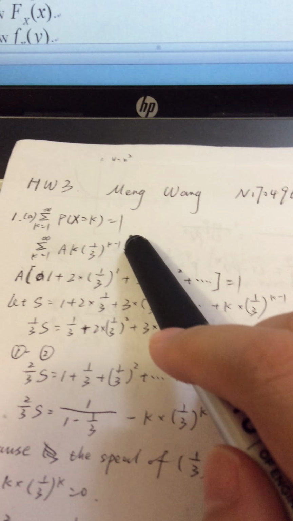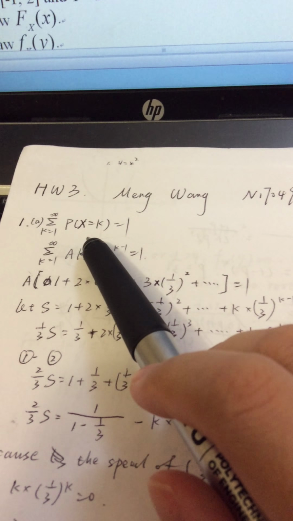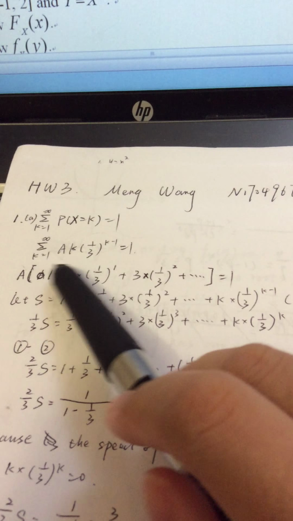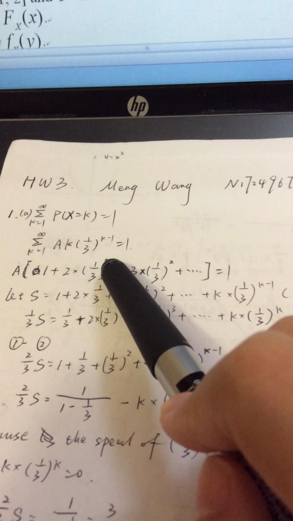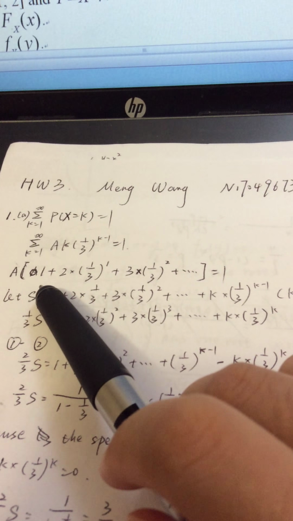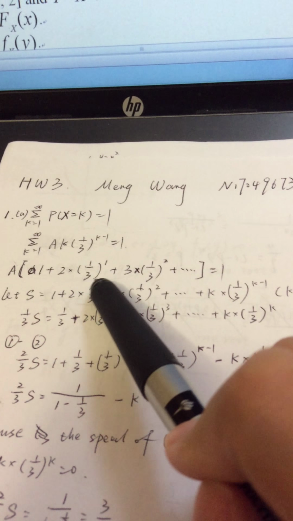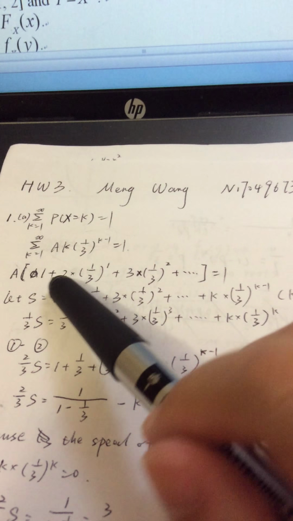probability mass function. Because it is a probability mass function, we can get this equation. And we replace this with the equation in the question, equals 1. And then we rewrite this accumulation by the relative term.